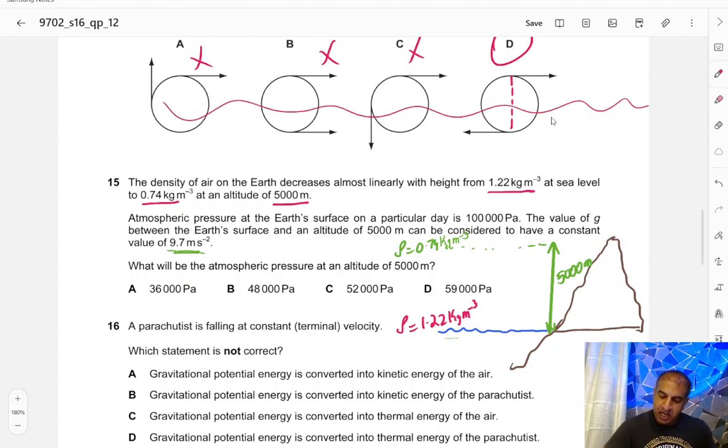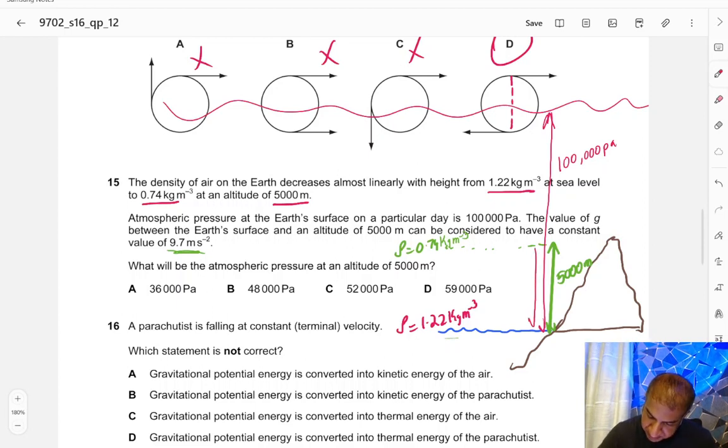Let's suppose the atmosphere is up to this point. The pressure from this position to this position is 100,000 pascals. What I need to do is find the pressure over here and then subtract the two pressures to find the pressure at this point.